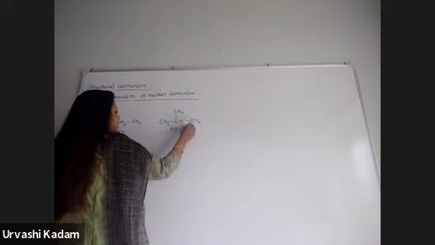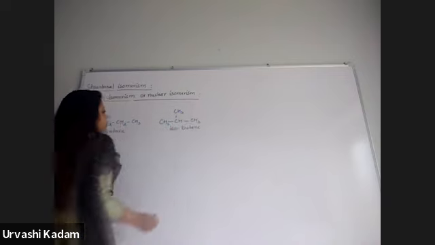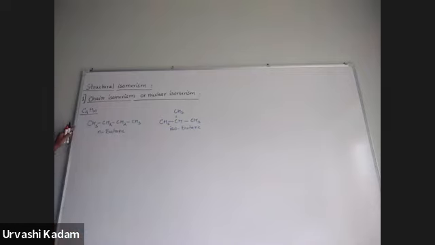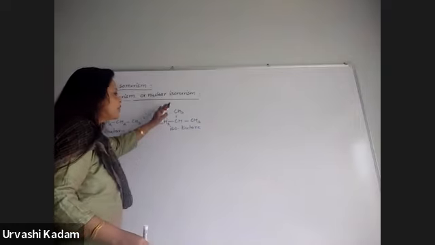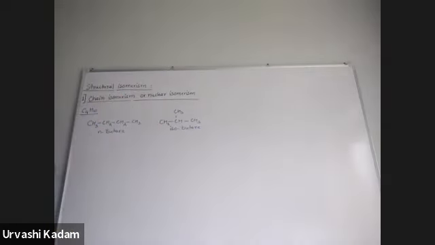So n-butane and isobutane differ in carbon chain. Here there is a 4-carbon straight chain and here a 3-carbon chain with a branch of methyl group. That is the point of difference between the two chain isomers. तो चेन आइसोमर कैसे आइडेंटिफाई करना है आपको? चेन आइसोमर में कार्बन के चेन में फर्क होना चाहिए.